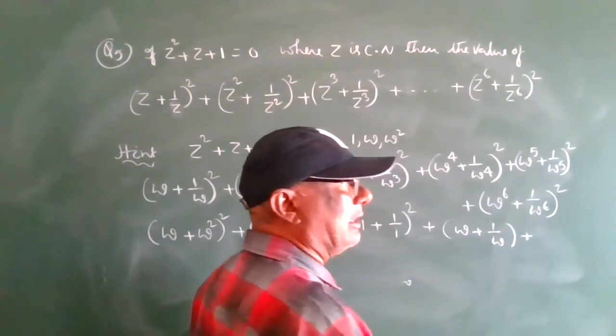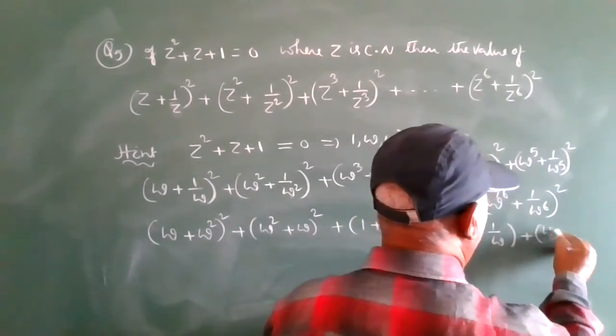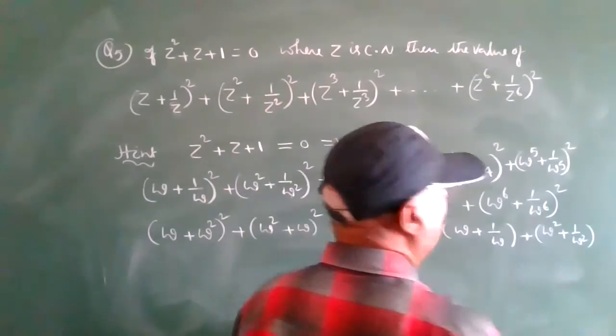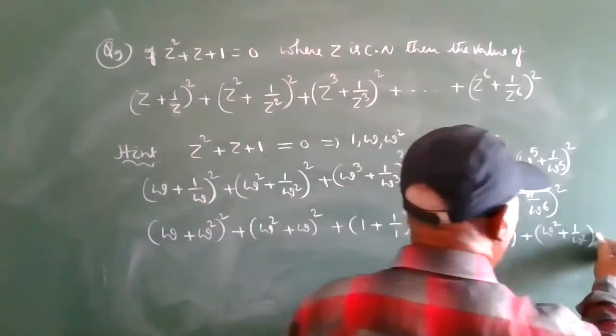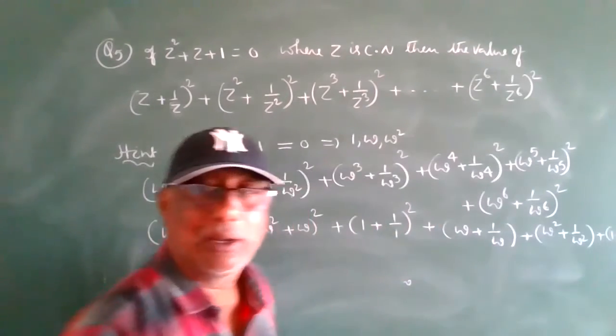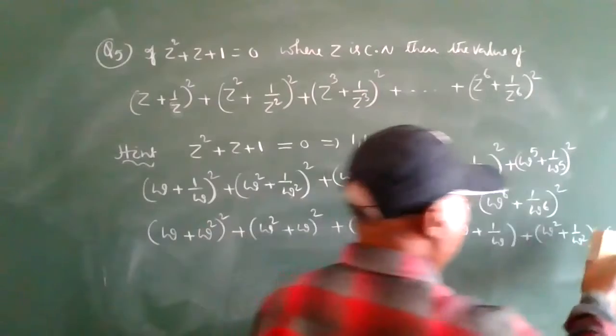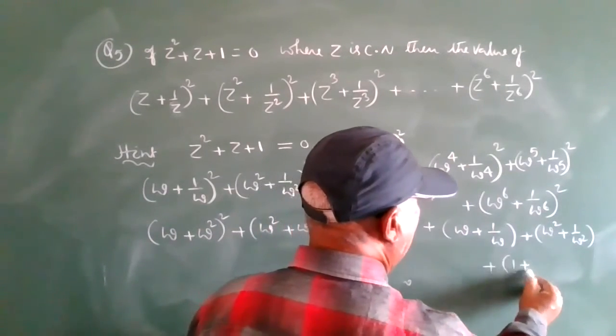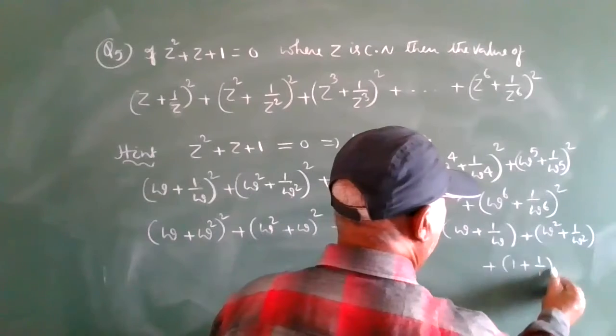For omega power 5, divide by 3 and write down the remainder: omega square plus 1 by omega square. Omega power 6 value is 1, so it is (1 plus 1) whole square.